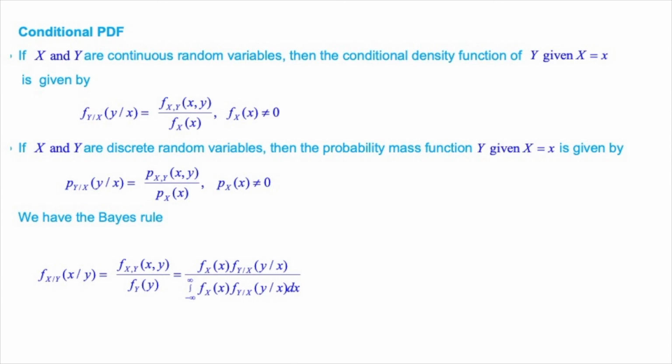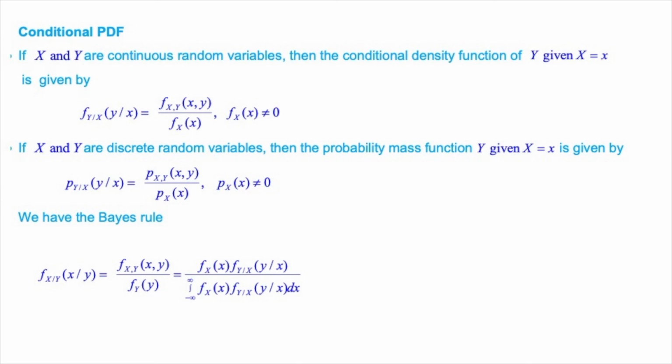This is the conditional PDF of y given x, and this is the joint PDF divided by the marginal PDF at point x. Of course, we need the condition that f x of x is not equal to 0.